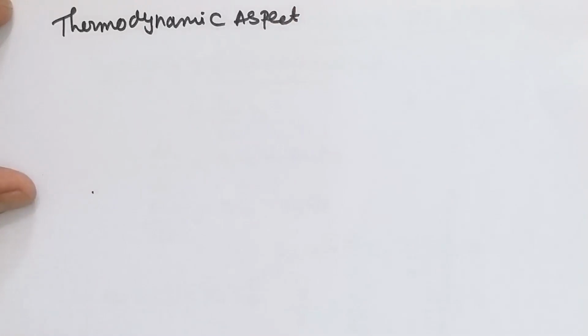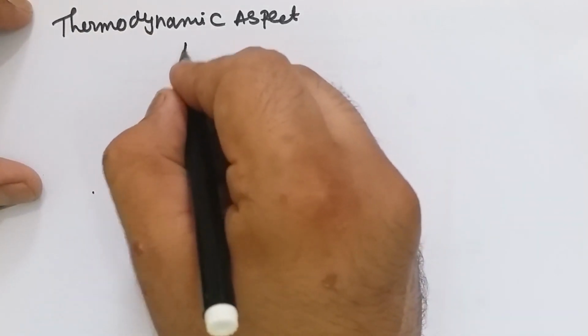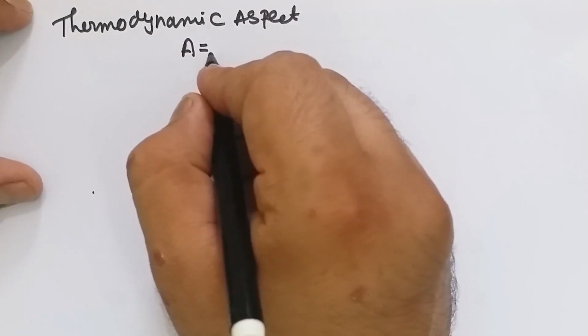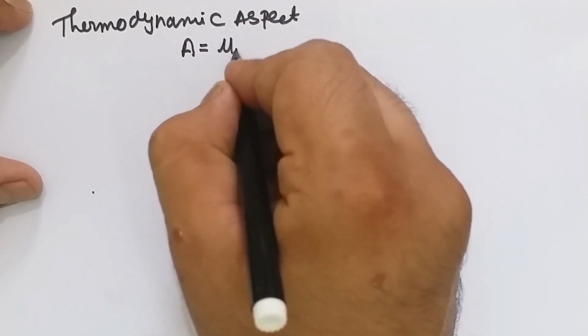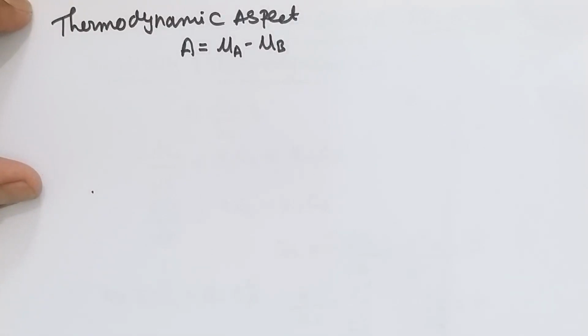Okay, moving on to the thermodynamic aspect of this particular reaction. Thermodynamically we will consider the affinity, which we have already seen, and in the previous lecture also we have seen that for this particular reaction we can write A is equal to mu A minus mu B, where mu is the chemical potential.